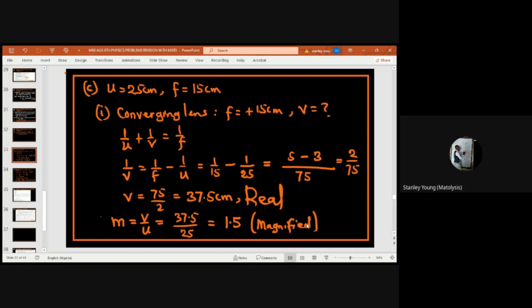I also needed to know that real images most times are usually inverted. This will also be inverted. Now, don't let me write it here so that you don't get confused. It is also inverted.